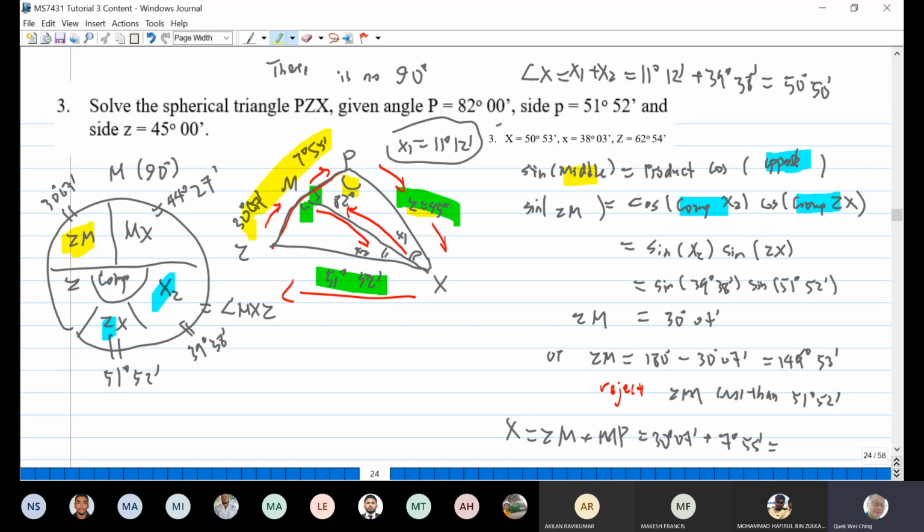You get 30 degrees 7 minutes plus 7 degrees 55 minutes, which is 38 degrees 2 minutes, or 3 minutes, off a little bit. So this is how you find the side opposite the angle x here.